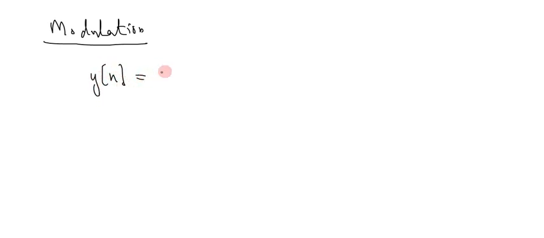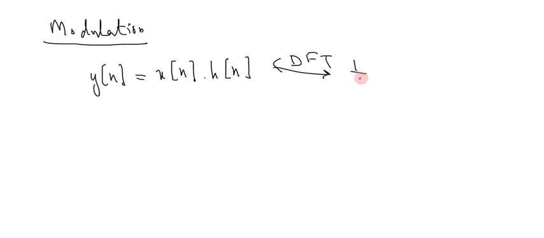Now let us move towards the next property, which is known as modulation. According to it, if you have a signal y of n, which is the product of two signals x of n and h of n, and if you take its discrete Fourier transform, it will be equal to 1 over N, x of k circularly convolved with h of k.